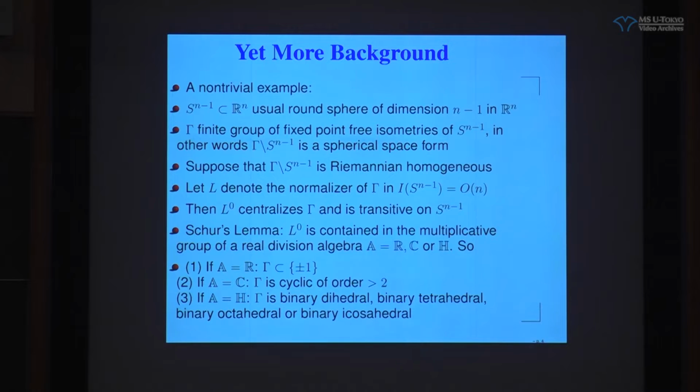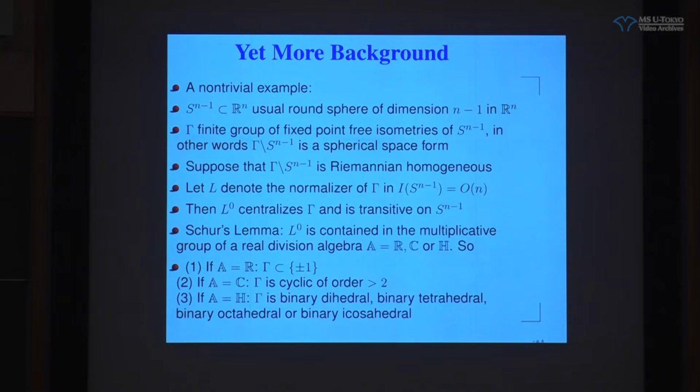So now let's look at the cases. Gamma now is a subgroup of the multiplicative group of non-zero elements in that division algebra. So in the real case, it's contained in plus or minus the identity. In the complex case, it's contained in the cyclic group of rotations. In the quaternion case, it's the double covering of the isometry group of a classical symmetric solid.